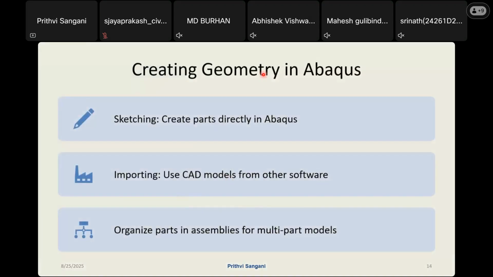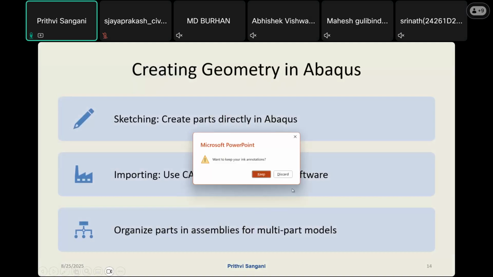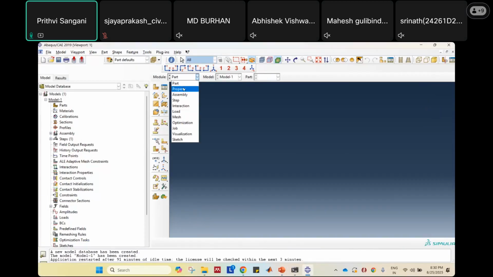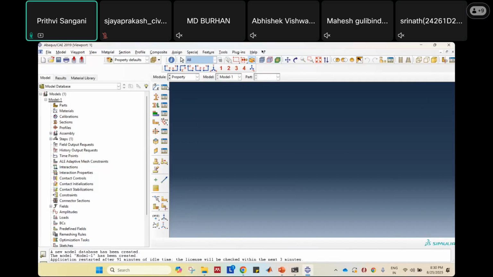Okay. So like I mentioned, this is your geometry. I'll show it in the software also. Let me show that in software. So first thing, you will sketch your model in this module called part. Second, properties. You'll go to properties, and you will input your material properties in this.